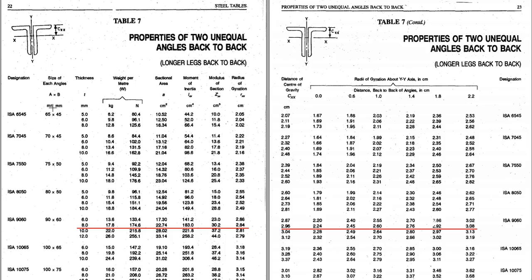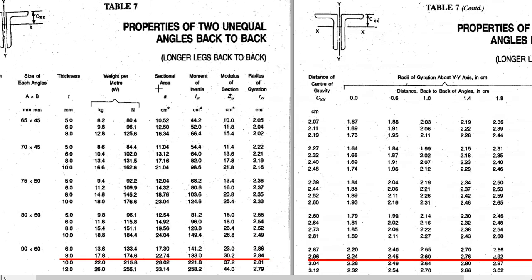Okay, so this page will be the first page and this will be the second page, so these two pages are connected. I need AG, that is, if you look closely, the sectional area.